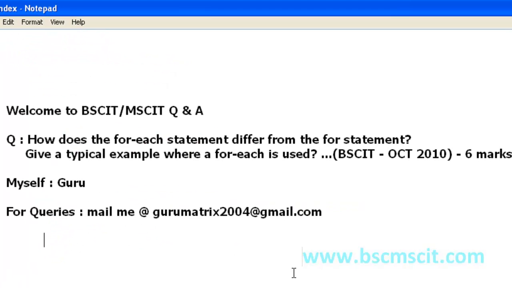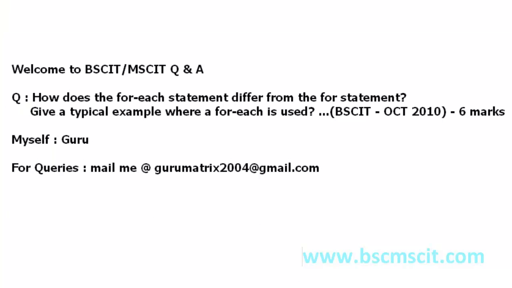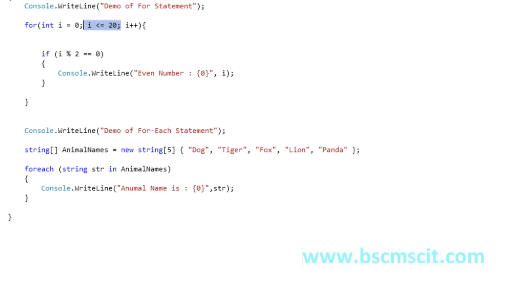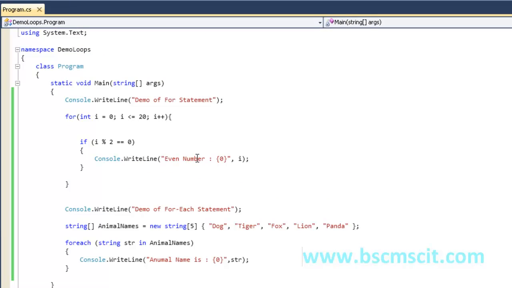Now let's go back to our question. Now you have understood while loops, the for statement, and the foreach statement. You have also seen a real-time example of each. Now let's talk about the differences between the for statement and the foreach statement. Let's start with the for statement.